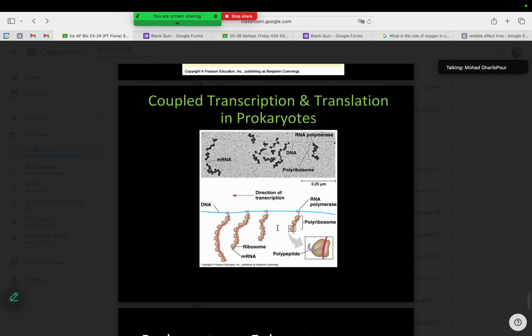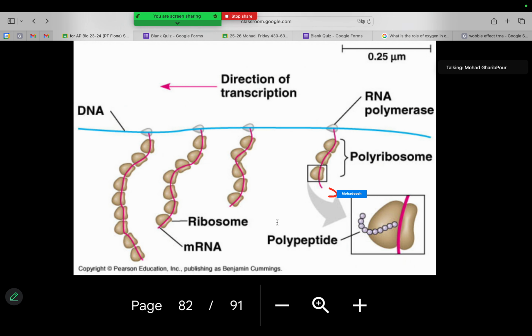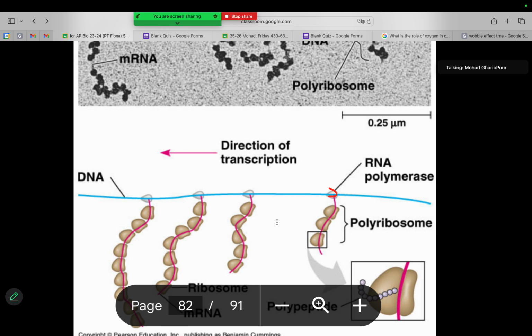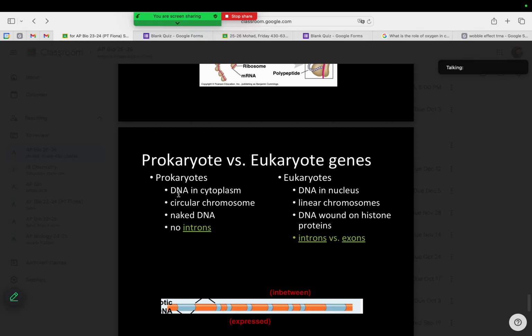You see the RNA polymerase right here, creating mRNA, and then the ribosome creating protein. So this is transcription. This is translation. They're happening at the same time. In a eukaryote, this does not happen. You do transcription, ship out the mRNA, and then do translation. That's the whole point of this slide. Okay, other questions?